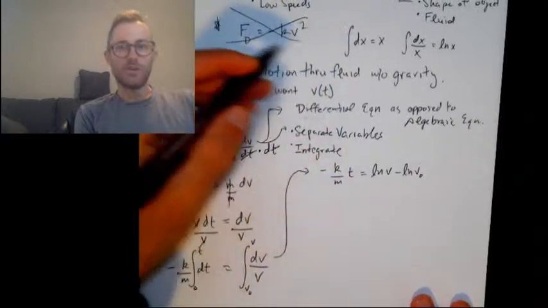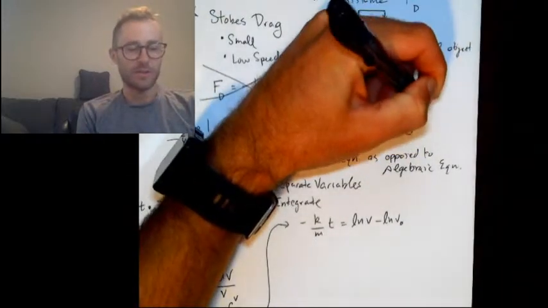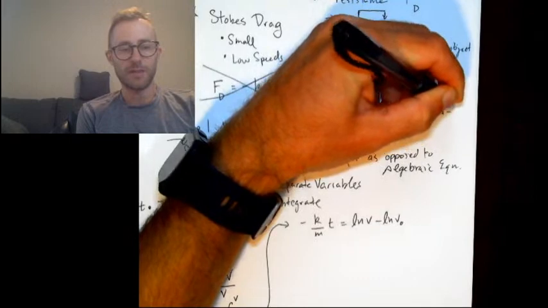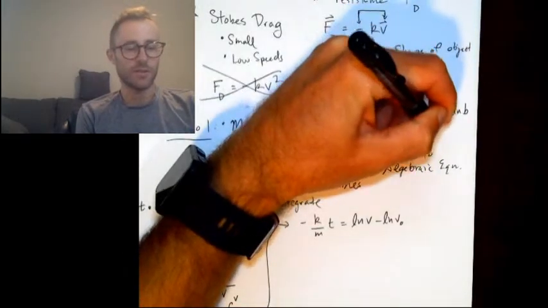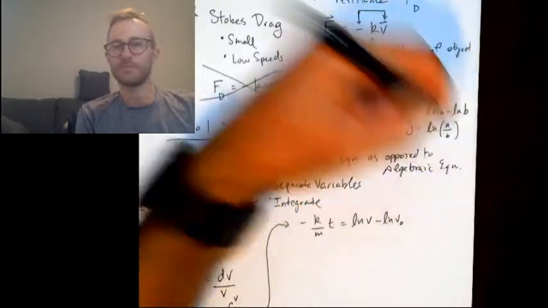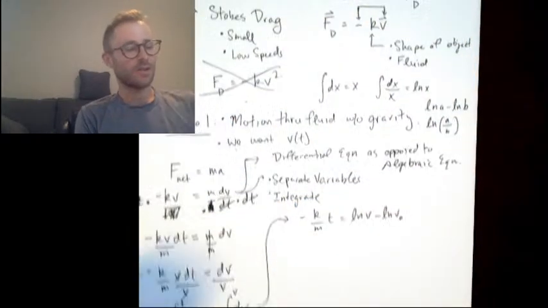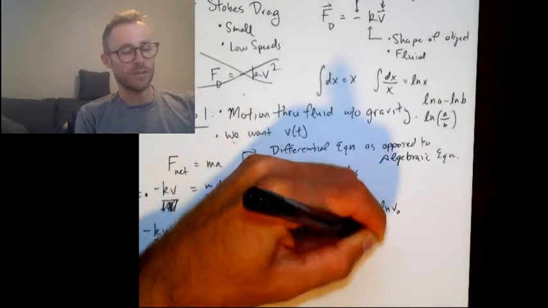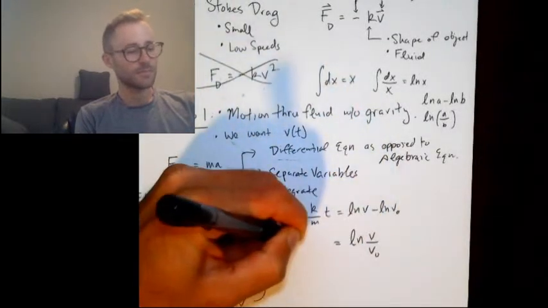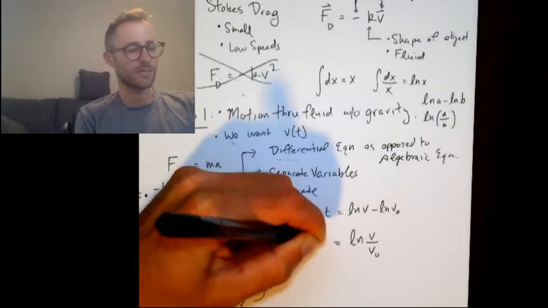You might recall from your math class that natural log of a minus natural log of b is natural log of a over b. So I'm going to write that as natural log of v over v naught is minus k over m times t.